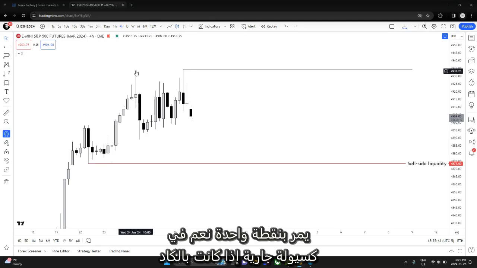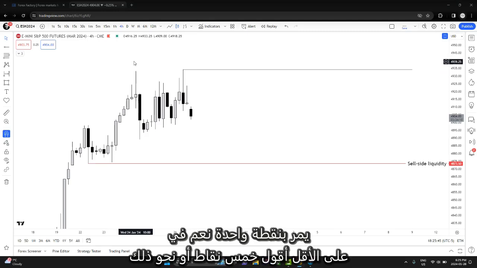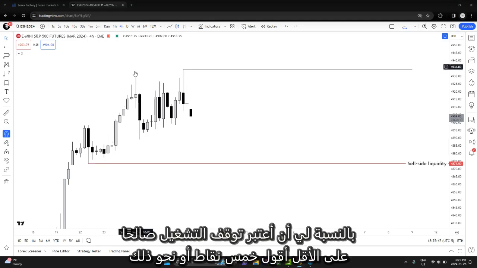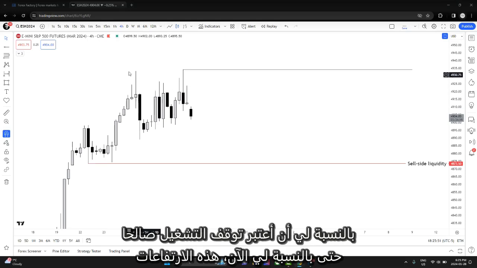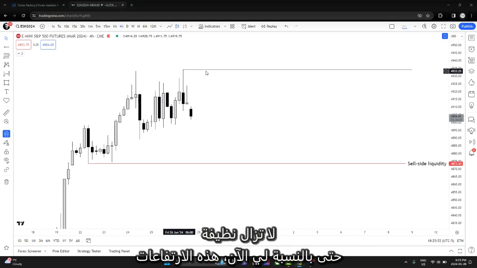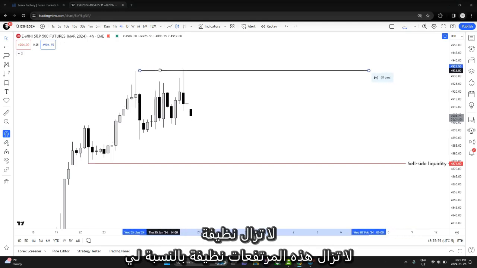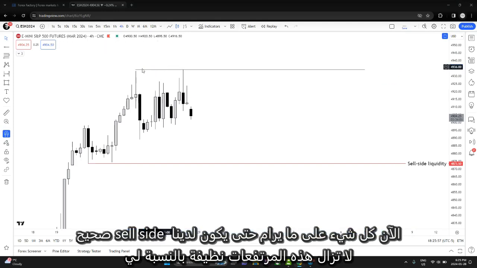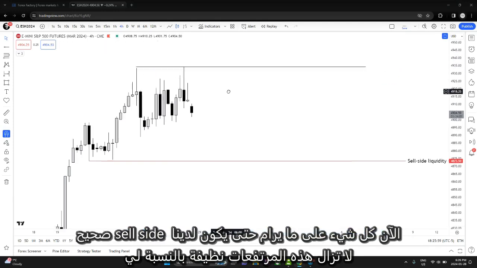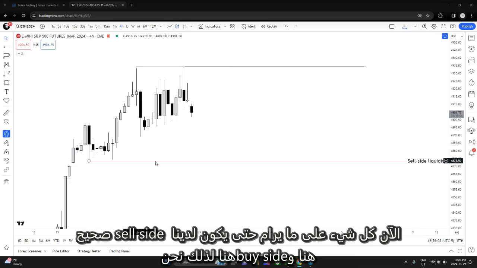I would say at least 5 points or so for me to consider a stop run valid. To me right now, these highs are still clean. So we have sell side right here and buy side right here.